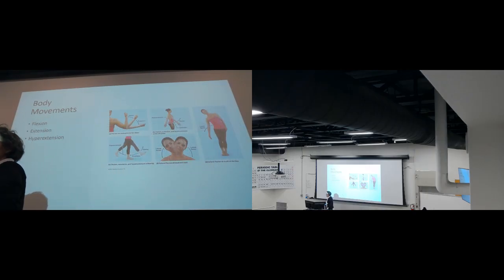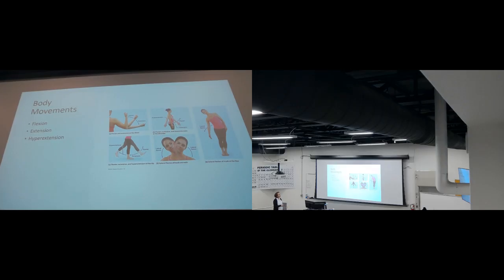So now let's look at the names of the body movements. Flexion is bringing a part of our body close to the body. Extension, away from the body, okay? And then hyperextension. So with our head, we can look up, very up, that's hyperextension of the neck.